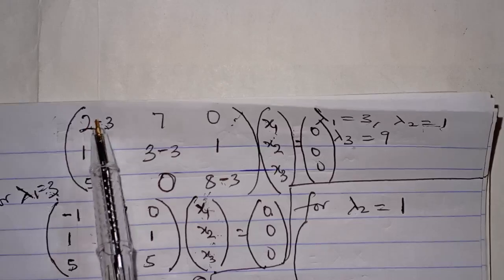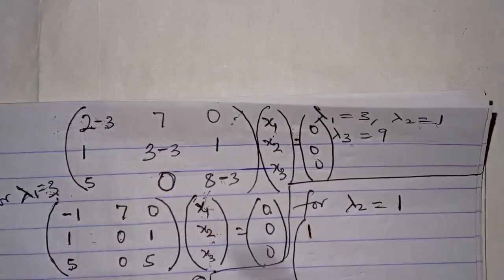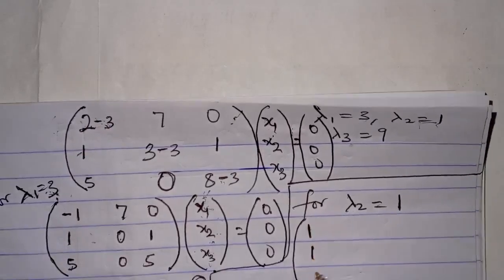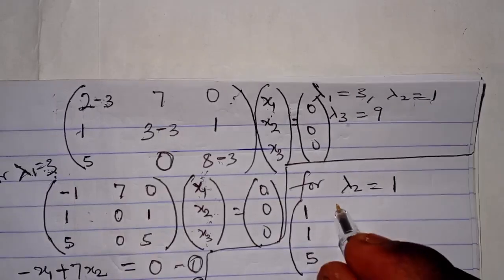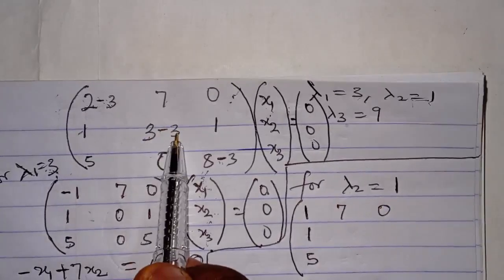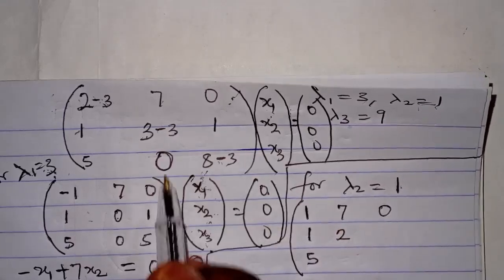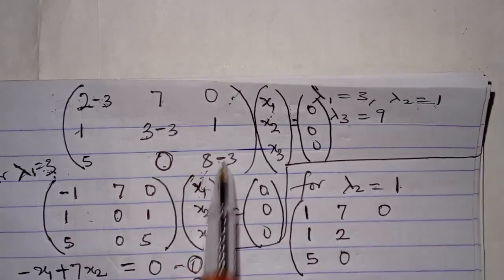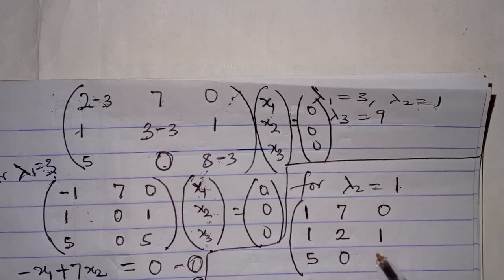This will now be 2 minus 1. 2 minus 1 is 1. I'm having 1 here. I'm having 5 there. 7 is here. 0 is there. 3 minus 1. I'm using this now. That's 2. 0 is there. 1 is there. 8 minus 1. That's 7.